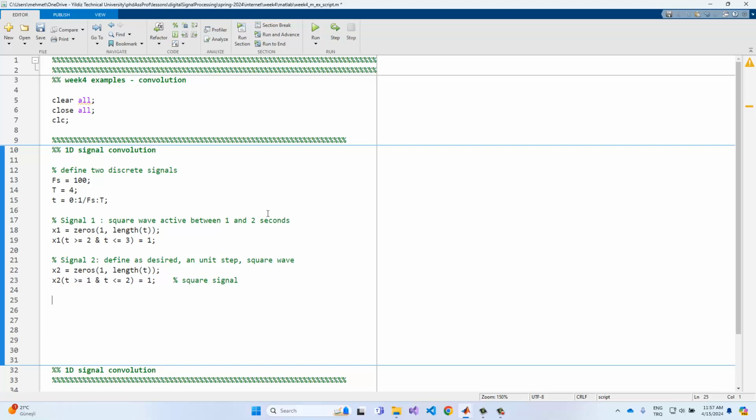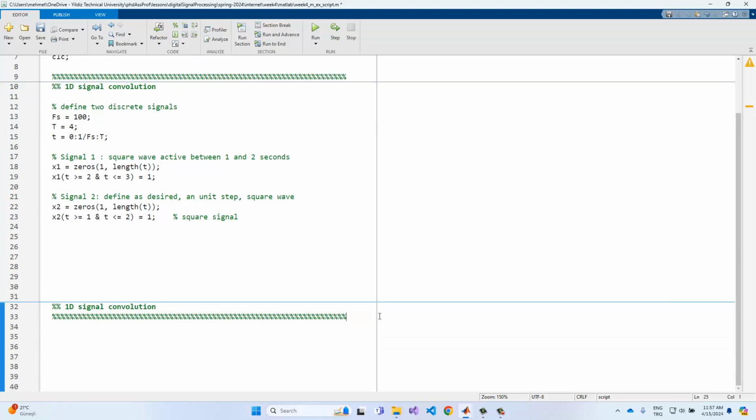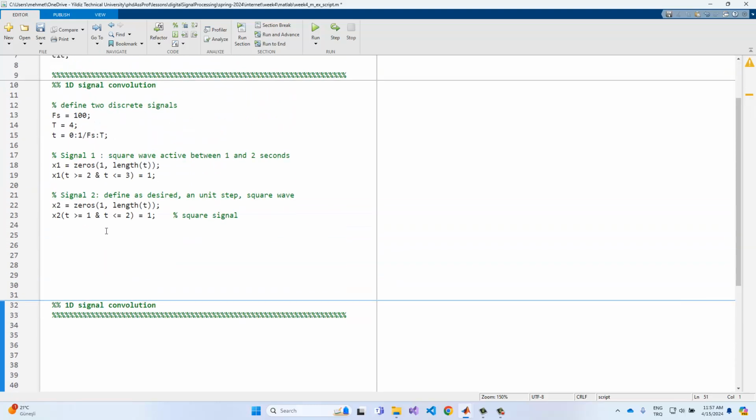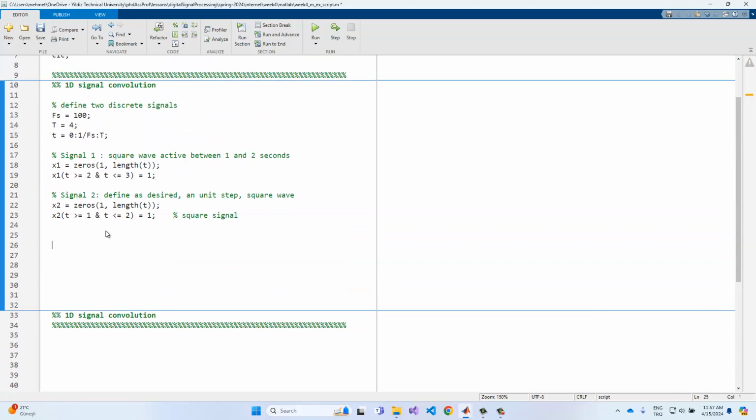So how can we calculate the convolution of these signals? This is important. First of all, we need to pre-allocate the convolution results in here.